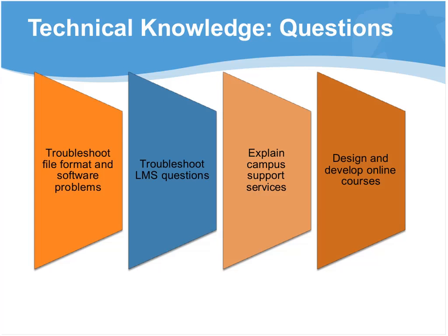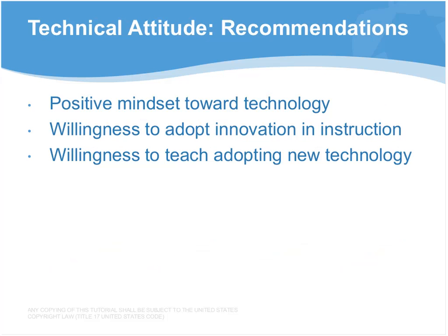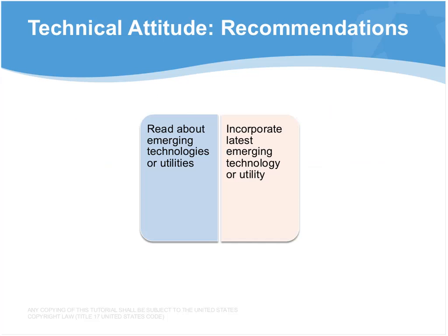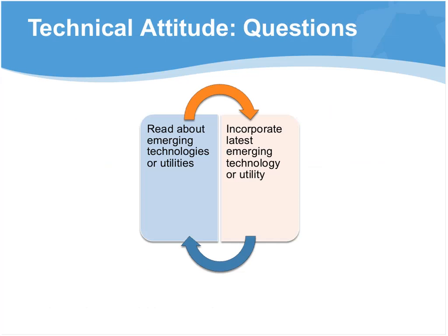So, moving forward to our technical attitude. That is our next set, and I think I actually skipped a slide or went back. Okay, questions on technical attitude. We are examining if an instructor has first of all read about those emerging technologies or utilities.